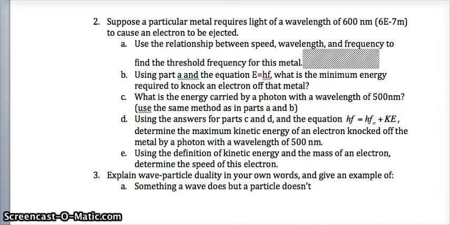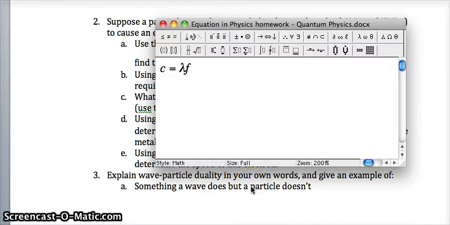Okay, so number two, we've got a particular metal that requires light of wavelength 600 nanometers, which is in the reddish-orangish range, to cause an electron to be ejected. So 600 nanometers is 600 times 10 to the negative 9, which is 6 times 10 to the negative 7 meters. Now you're trying to find the threshold frequency knowing the wavelength. For that, we use the relationship c equals lambda f.